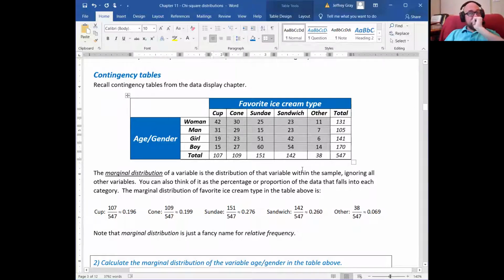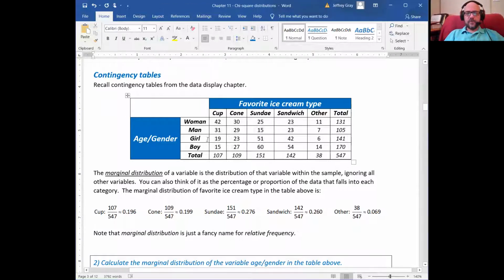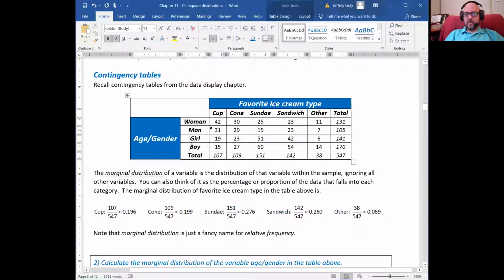The way you calculate the degrees of freedom is you subtract 1 from each of those things and multiply. So 3 categories are free, with 1 being determined once you've got the 3 that are free. And then 4 categories here are free, with 1 being determined once you have the 4 that are free.